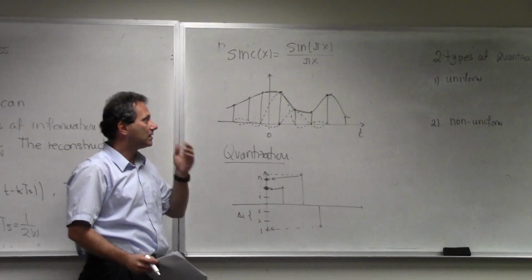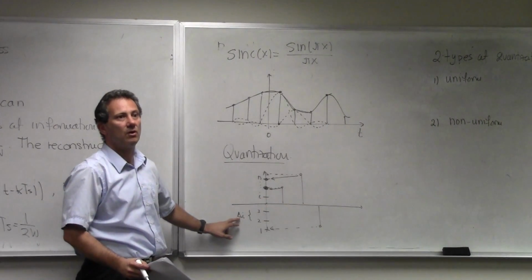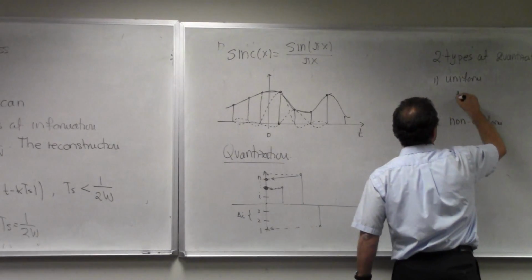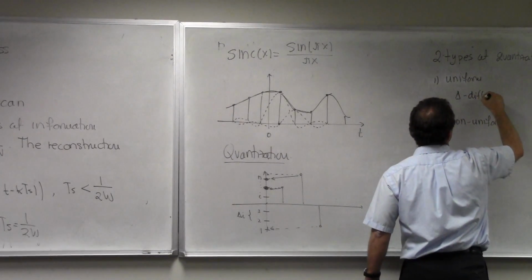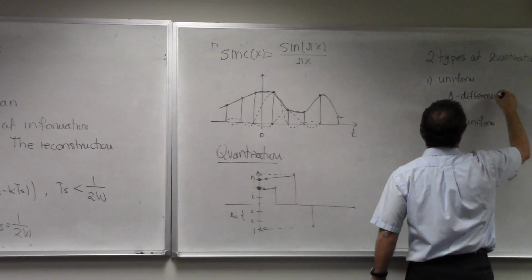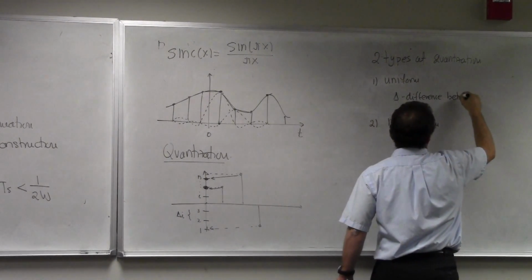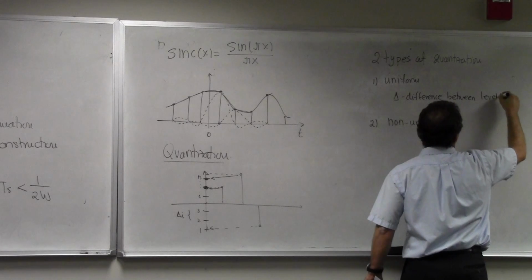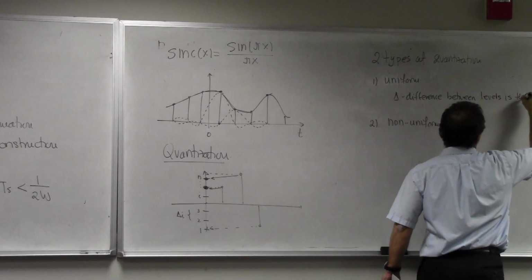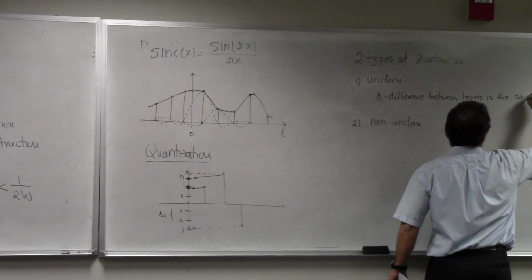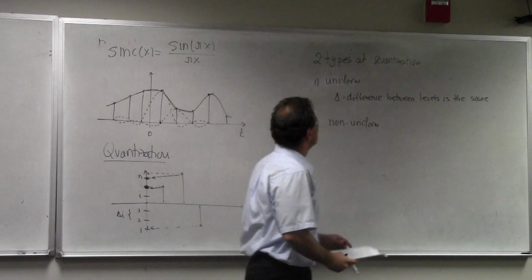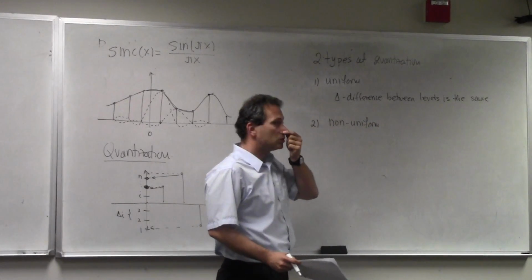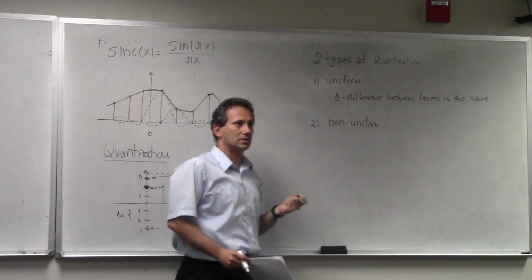We can make that difference the same between all levels. So if delta, which is the difference between levels, is the same, then we're talking about uniform quantization. And that's the most common type of quantization that we have.